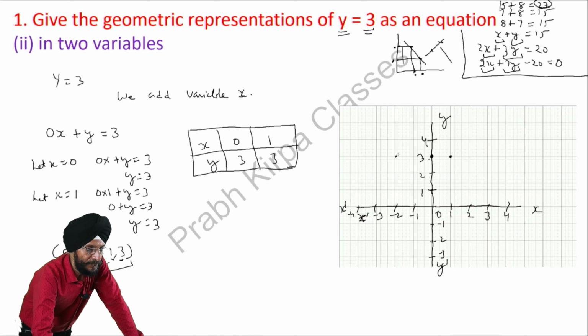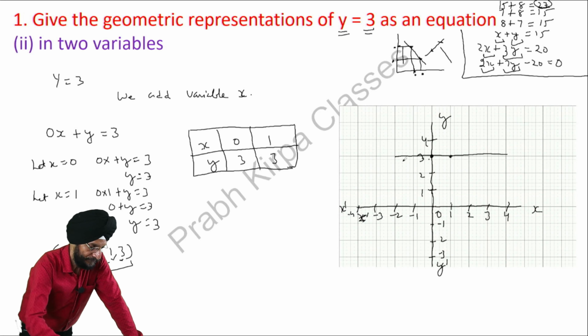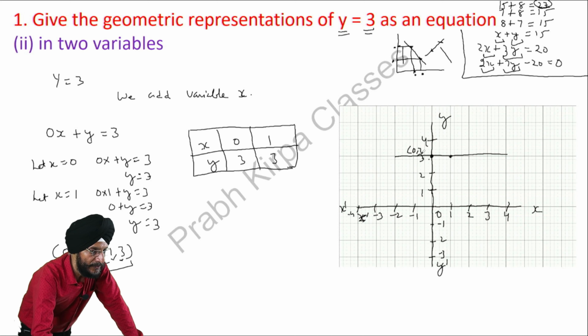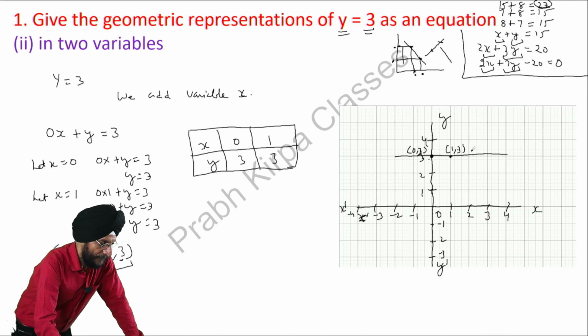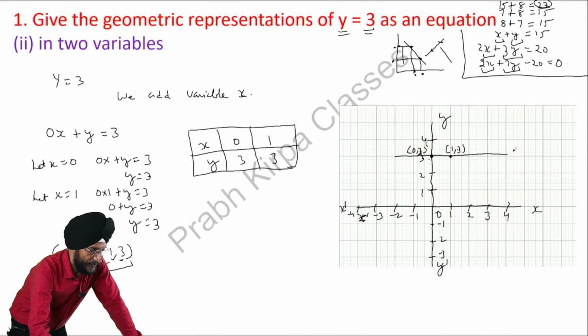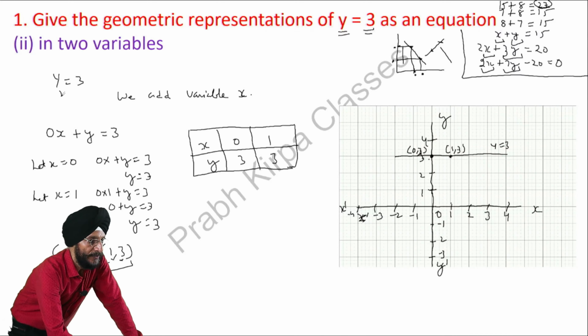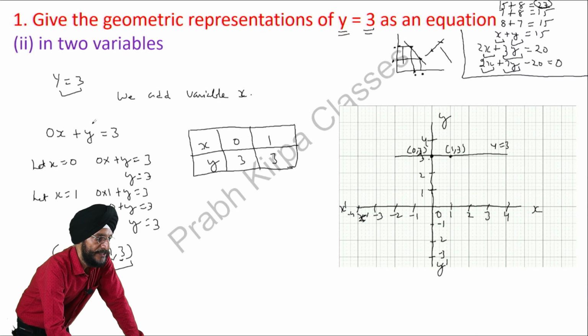When we join these 2 points, it will be a straight line. At this point the solution is 0, 3. At this point the solution of x and y is 1 and 3. Here it is parallel to the x-axis, the equation y is equal to 3.